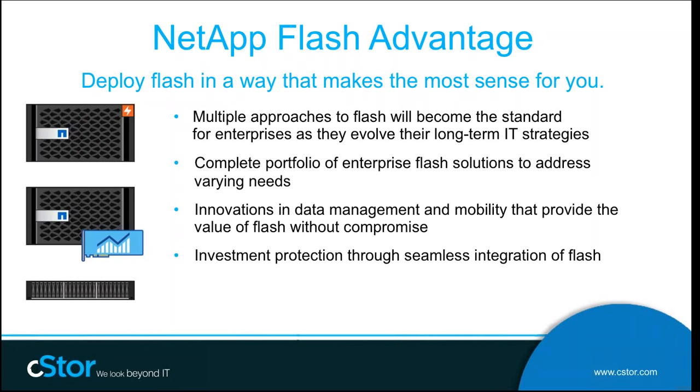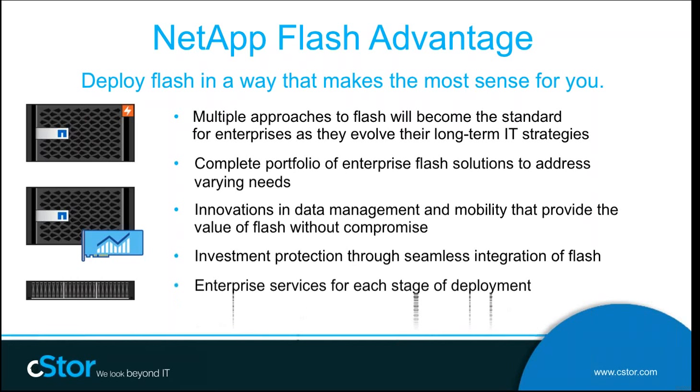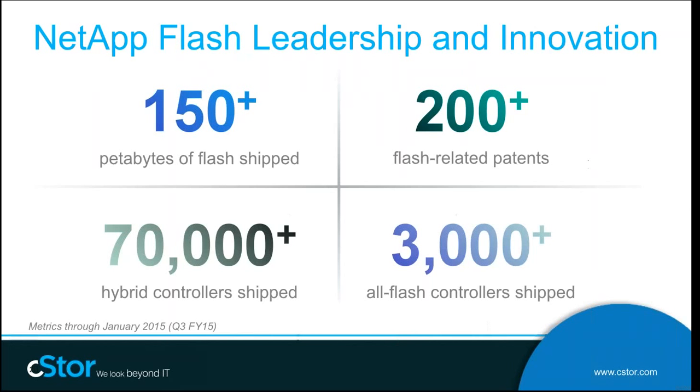And then investment protection, as you can add flash to systems, you can add different types of flash, and you can move data between different systems with flash without disruption. And then services around all that to make sure everything goes clean and clear.